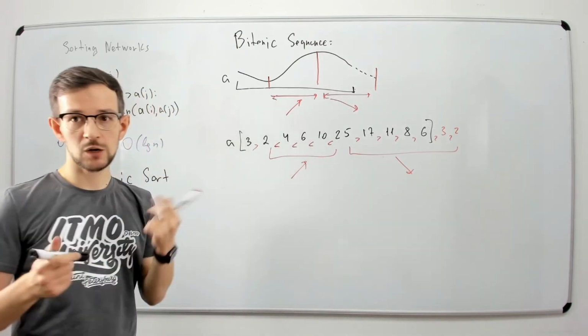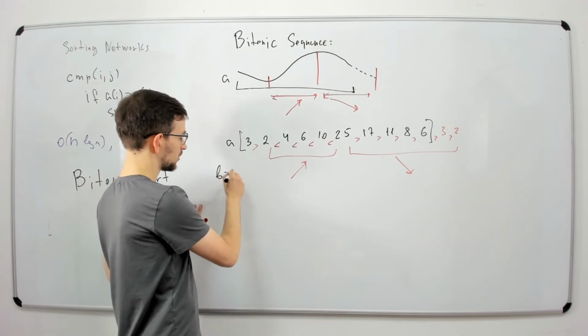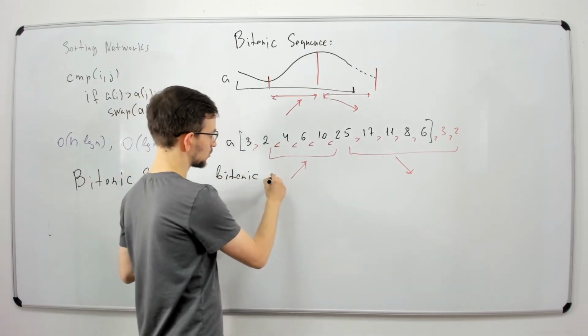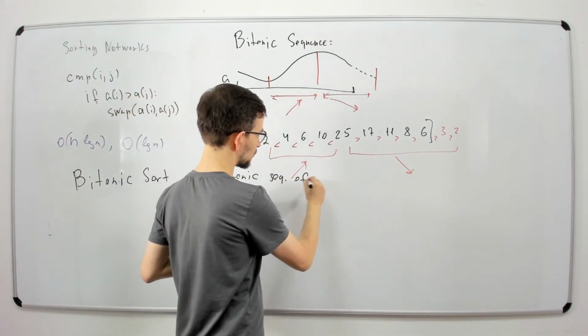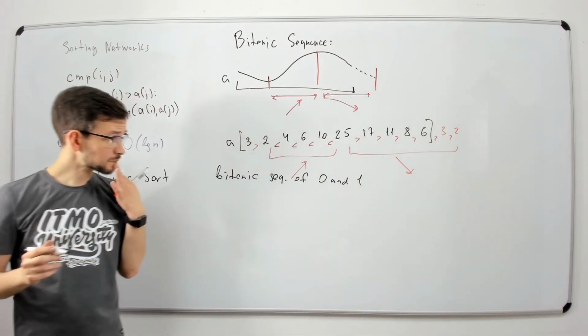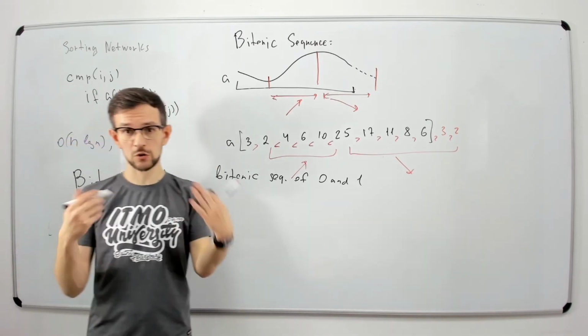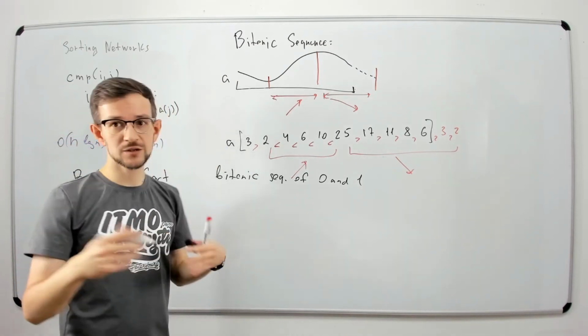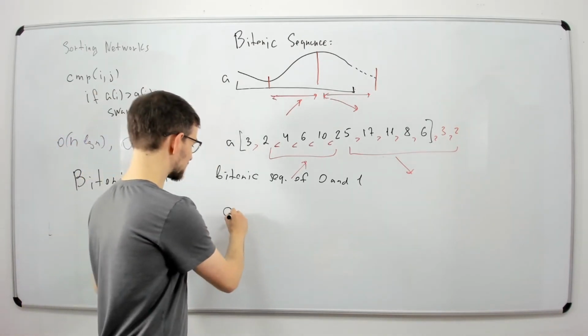What is the Bitonic sequence of zeros and ones? If your sequence only consists of zeros and ones and is Bitonic, it looks something like that.